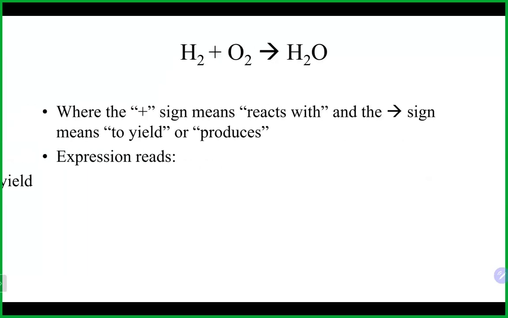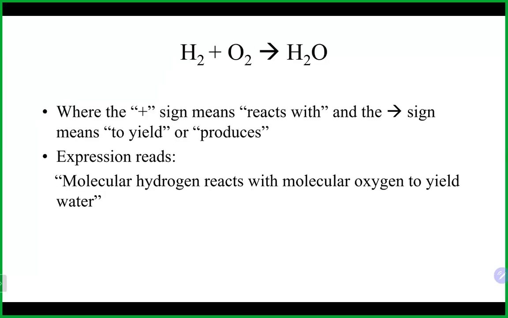Now, when we look at this, we could say it in words, and it's really important that if you are given things in words and you need to turn them into a chemical equation, you actually get all the correct formulas down first. And that's something that sometimes people mess up on.